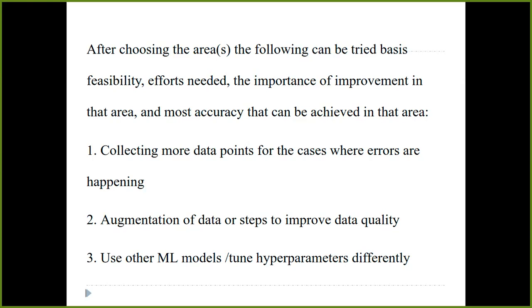So after choosing these areas, we can decide on the basis of feasibility, where we need efforts, and what the importance of improvement in that area can be. It means how we can improve our data samples, or how we can overcome the existing drawback. So the most accuracy that can be achieved in that area comes from collecting more data points for cases where errors are happening.